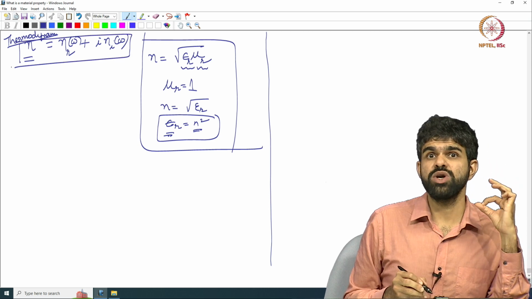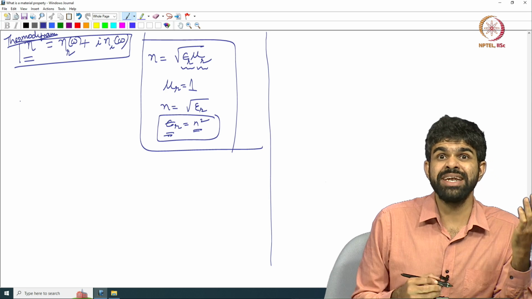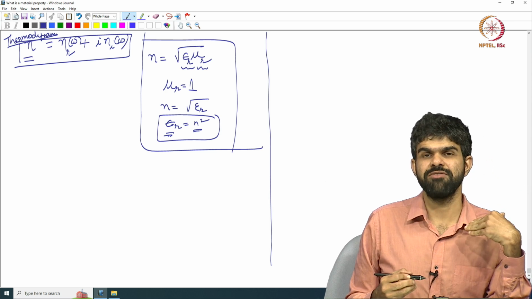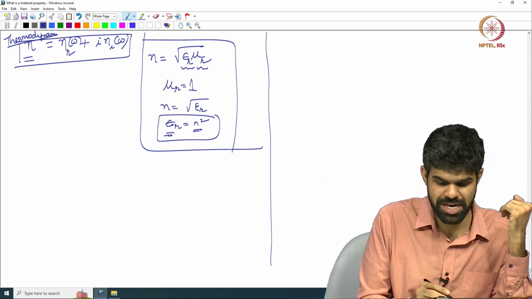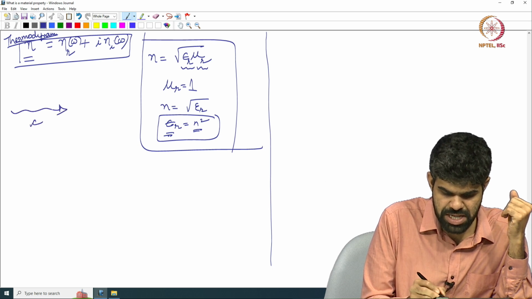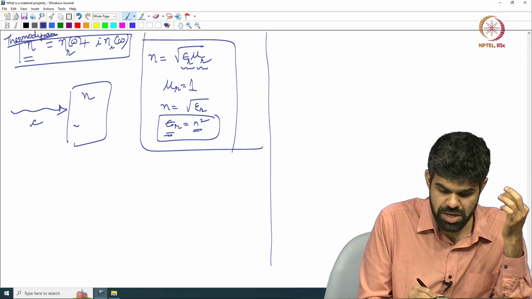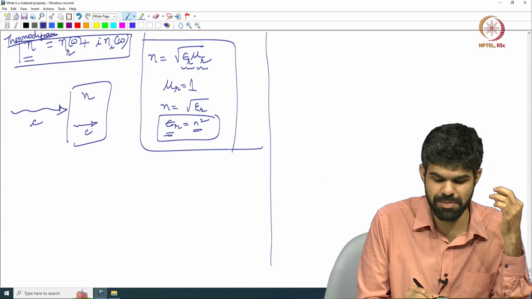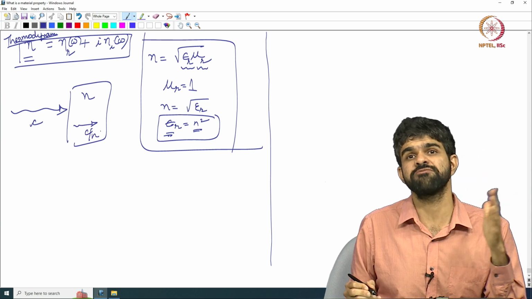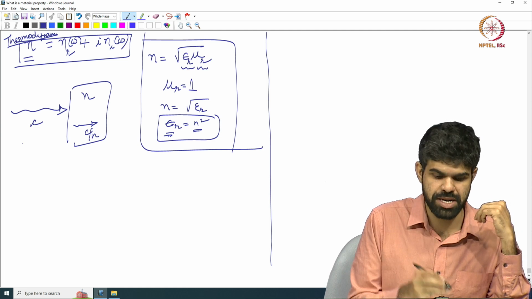Then what is n really doing? n slows down the velocity of light in my material. If I shine light at a velocity c on a material with a refractive index n, the velocity of light inside will be c by n. As a result, it also changes the phase of the light that passes through the material.